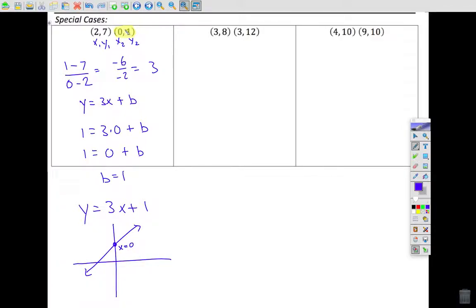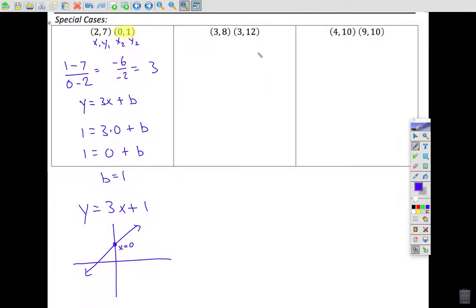So if you have a point where the x-coordinate is already 0, that tells you the y-intercept is going to be 1. You don't actually have to go through this calculation. You already know it's going to be 1 because x is 0, y is 1. And that's what we ended up calculating anyway. Okay?